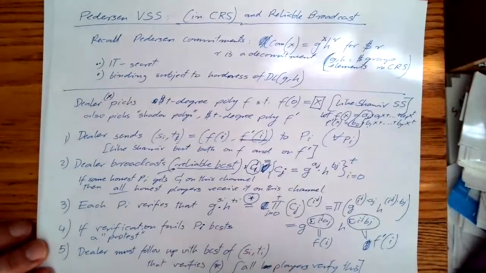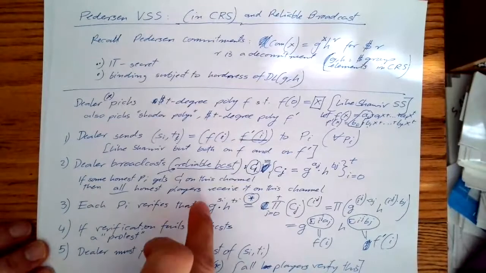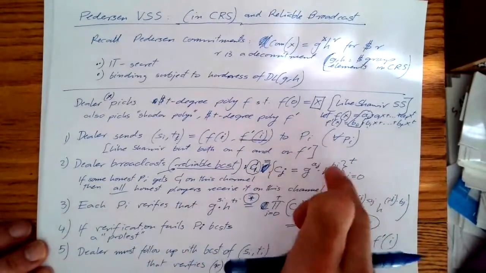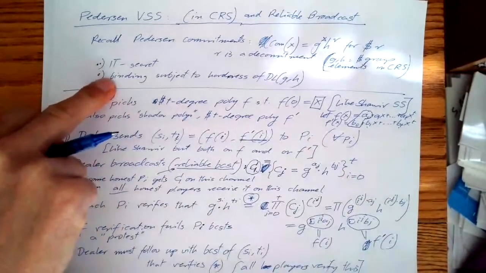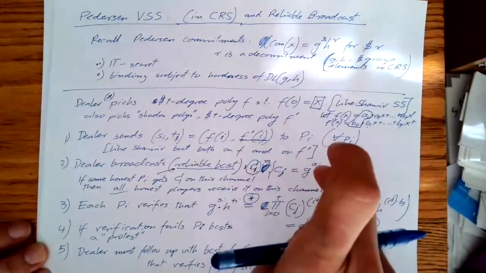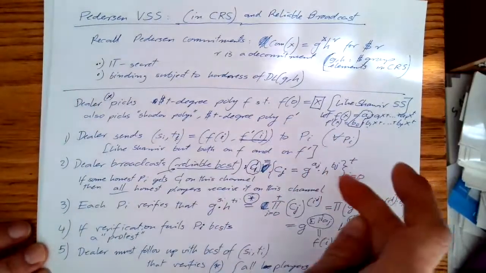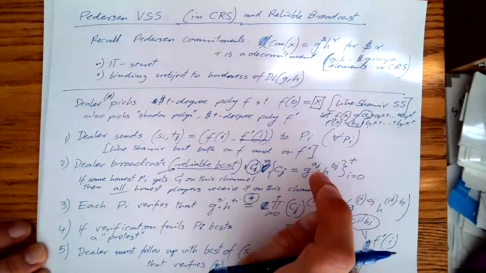So now from the point of view of honest players, if there are T+1 honest players in the system, and they were not cheated to begin with, then they did have shares that correspond to this unique polynomial, unique up to the binding property of Pedersen. If you cannot break the binding, that is a unique set of HJs and therefore a unique polynomial F, and therefore a unique secret.